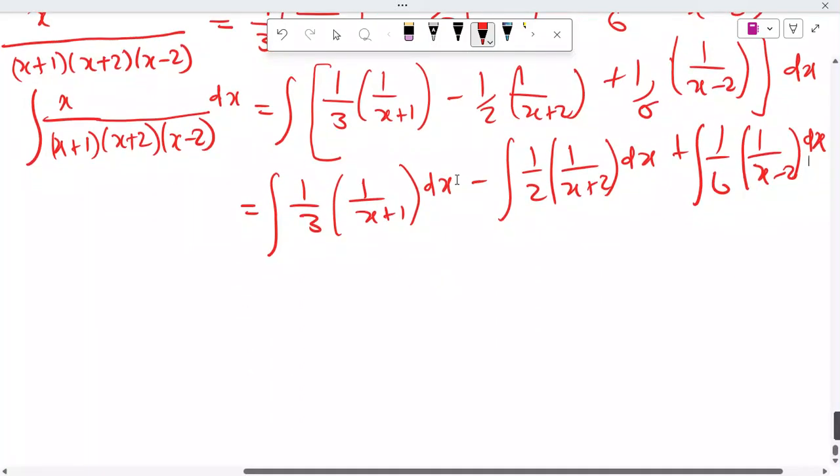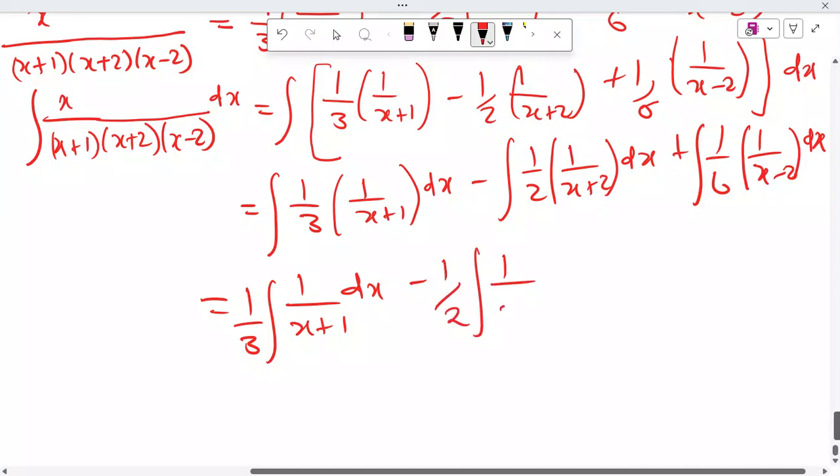Okay, so we can take out the constants outside. Okay, so 1 over 3 can come out. We have 1 over x plus 1 dx, minus half will come out, 1 over x plus 2 dx plus 1 over 6 1 over x minus 2 dx.